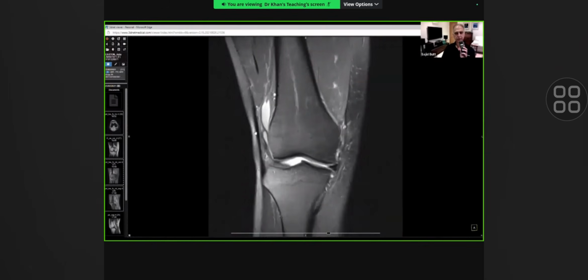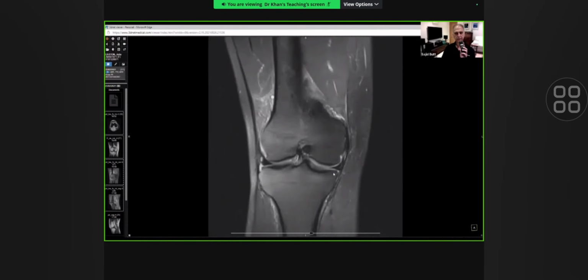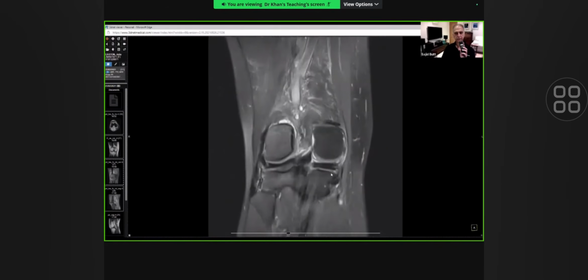So starting from the front, medial side, notice this image. I told you that you must always very carefully see the posterior root of medial meniscus attachment to the posterior aspect of central tibial eminence. And in this case, there's a little cleft here.